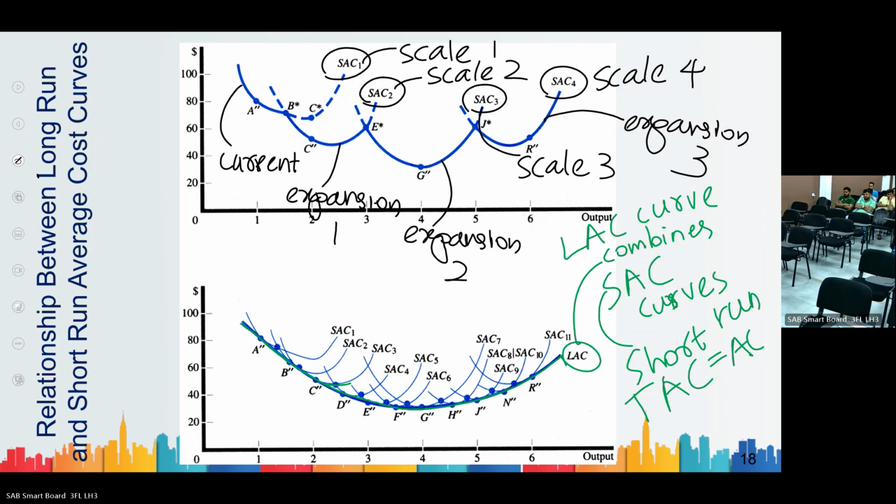Like this. This is the long-run average cost curve. We combine short-run average cost curves using an envelope curve.